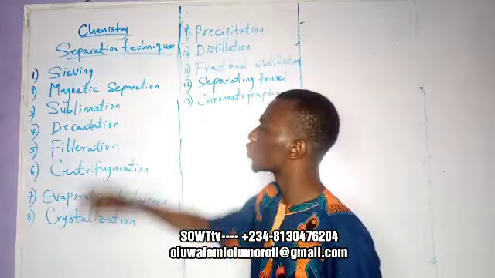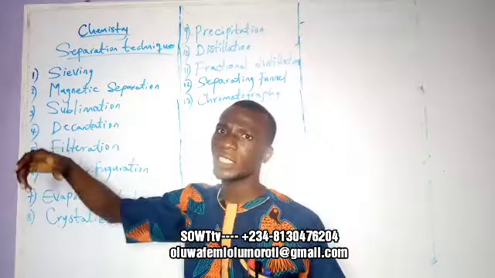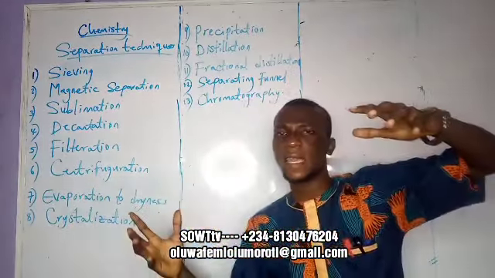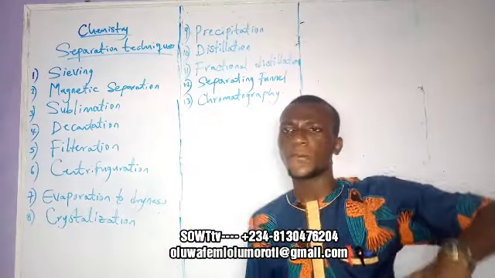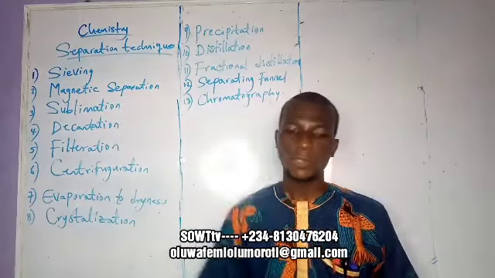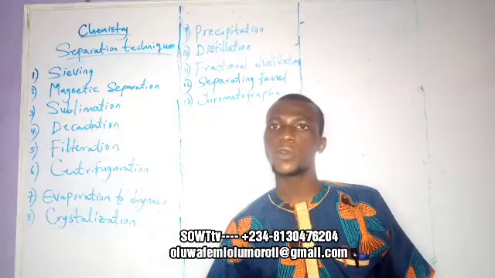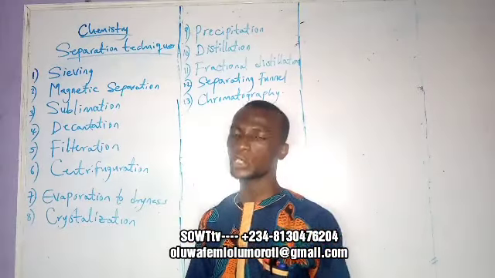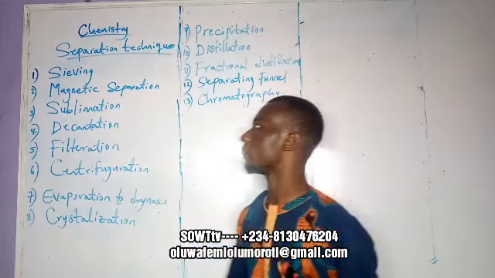Sublimation is just a change of an element or a compound from solid state directly to gaseous state without undergoing any liquid state. So this is also used to separate some elements or compounds from each other.